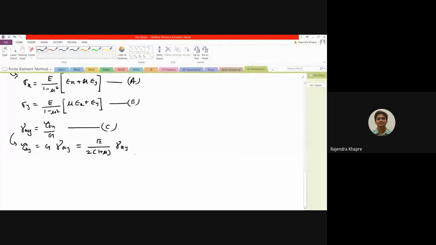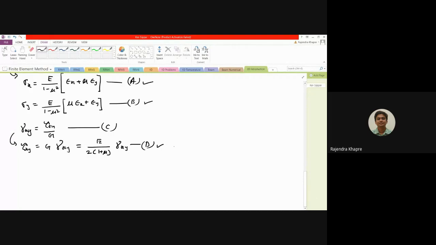So now we have one more expression, let us call this expression D. Expression A shows the relationship between sigma x and strain, expression B shows the relationship between sigma y and strain, and this expression shows the relationship between the shear stress and the shear strain.